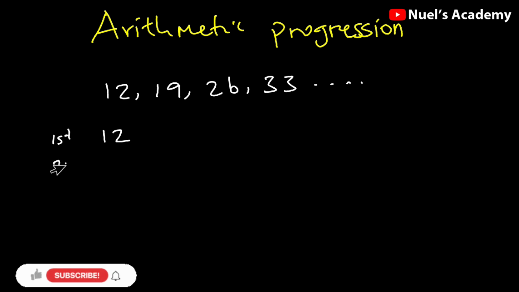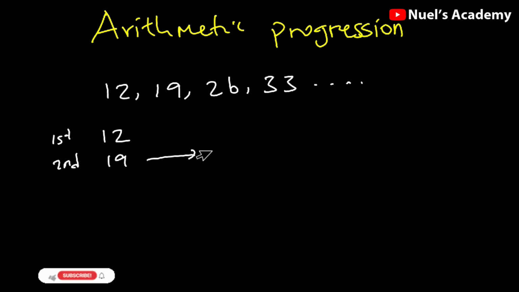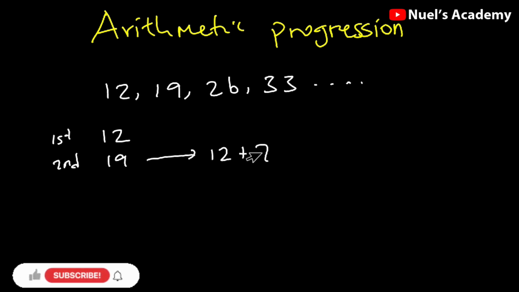Now, we also observe that 19 is the second term. How do we get 19? If you add 7 to 12, you get 19. So this 19 is gotten by 12 plus 7. Now, from this sequence, we observe that the third term is equal to 26.